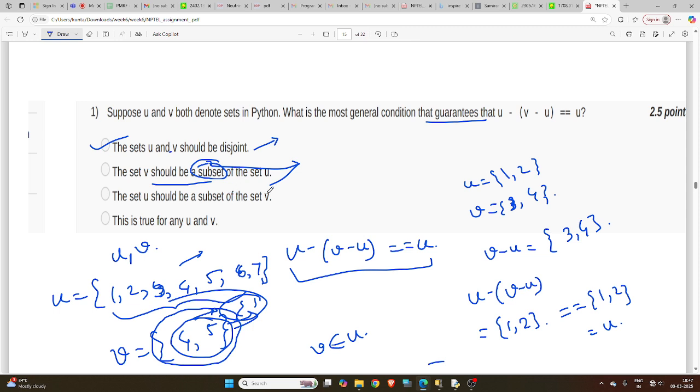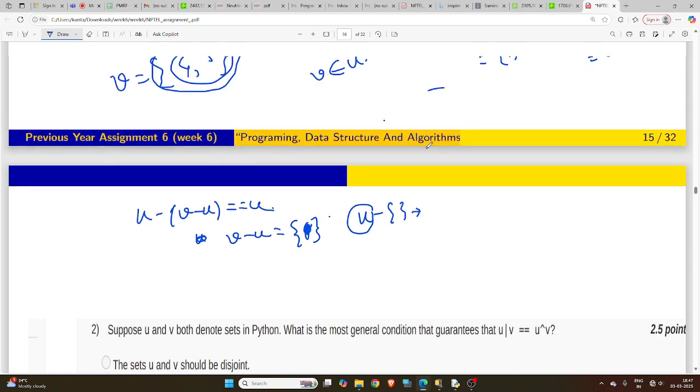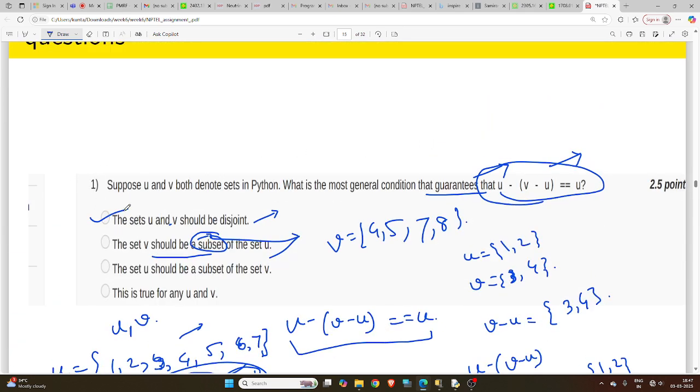But it does not always guarantee that this will be equal to U. One example can be 4, 5 and then 7, 8. So if you just do these things, only this option will be correct, and obviously this is true for any U and V, which is not correct.